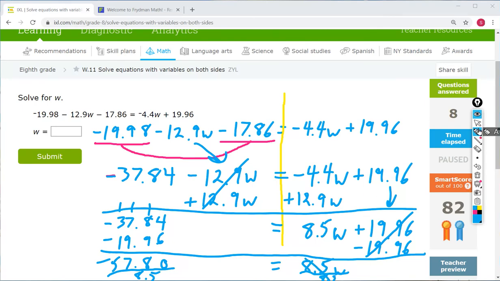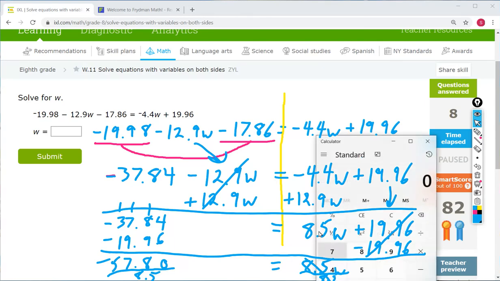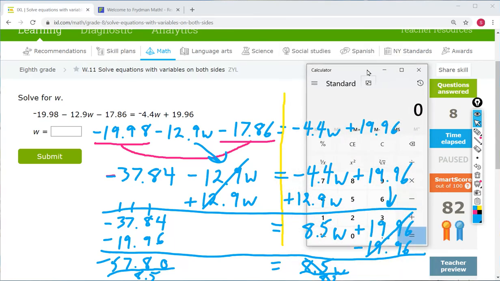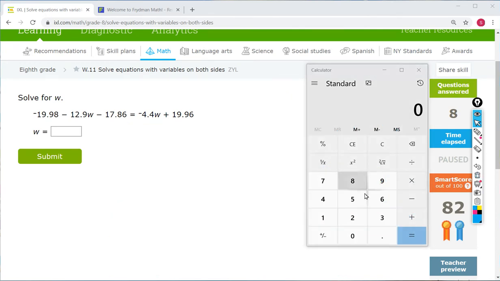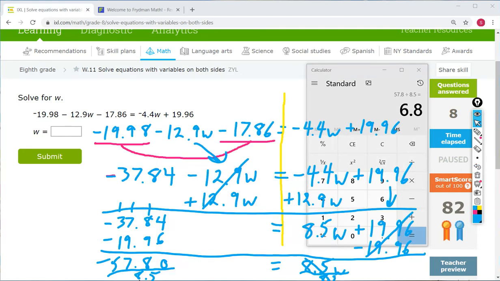And I will use the calculator for that. 57.8 divided by 8.5. Okay, 6.8. But I do have to remember that this was a negative divided by a positive, so that would give me a negative. So negative 6.8 for my answer.